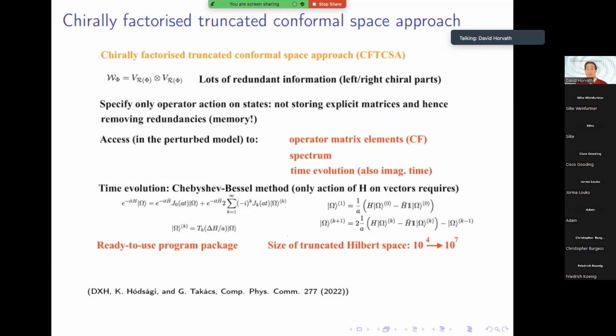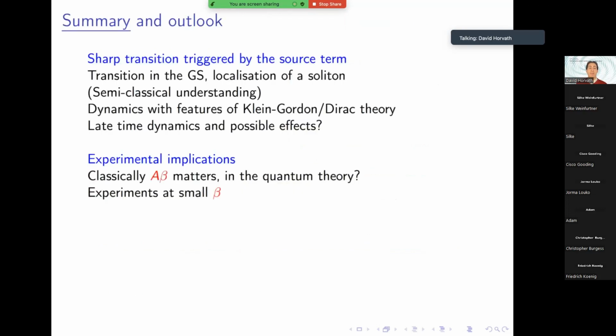All right, I think as a brief introduction or advertisement for the method, that's enough. Now let me give a summary and an extended outlook about what I was talking about. Regarding the physical phenomenon I demonstrated to you, we were considering a particular quench protocol, an inhomogeneous quench, and a particular inhomogeneous Hamiltonian, and we could observe a transition in the ground state, which we managed to understand by semi-classical reasoning.